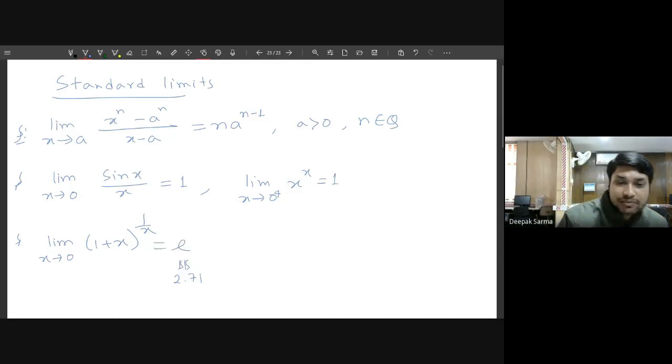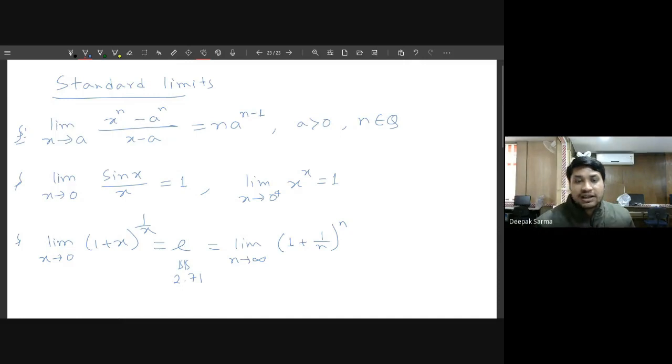In other words, you can write, suppose limit, maybe you can write n tends to infinity. Some of you have used this particular symbol, but you don't know what is e, isn't it? e is something, this particular limit. If we consider (1 plus x) whole to the power 1 by x, x tends to 0, when x is very close to 0, you will get a number. That number is known as e. That is e.